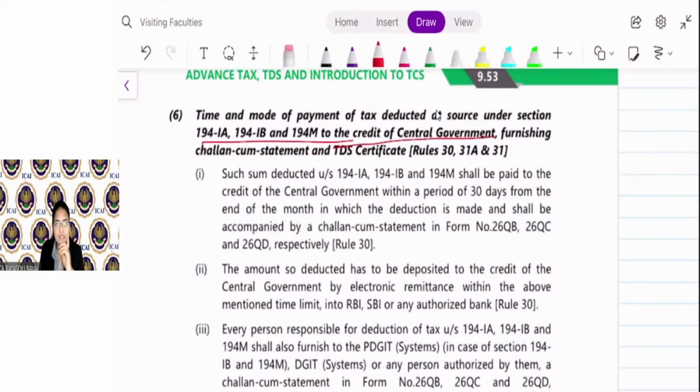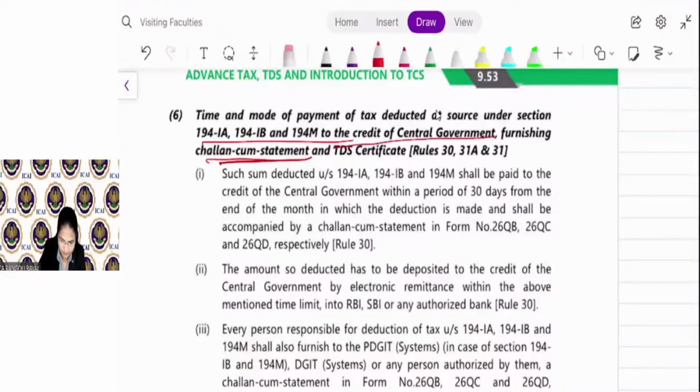In that case, you have to provide the details to the government by furnishing the Chalan cum statement.